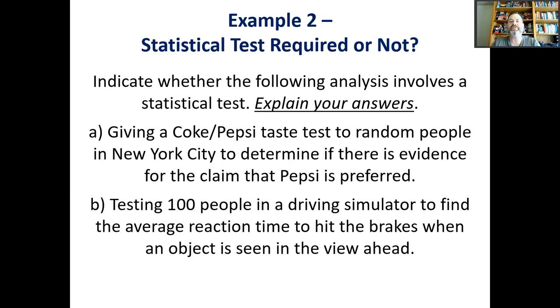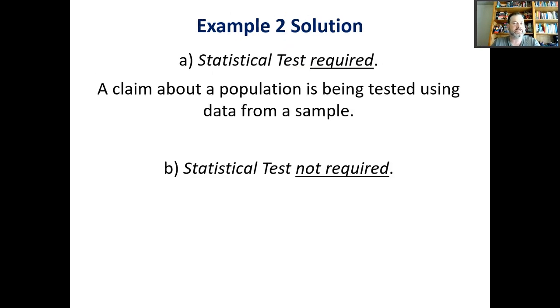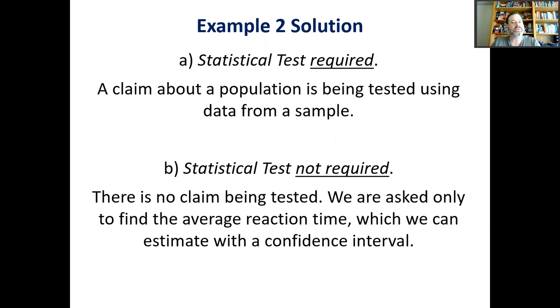But we need something about evidence or a claim or a conclusion. We need the idea that we're trying to answer a question about something that is claimed. And there's nothing like that going on in this problem. So this does not need a statistical test. We could answer this question just with a confidence interval, right?